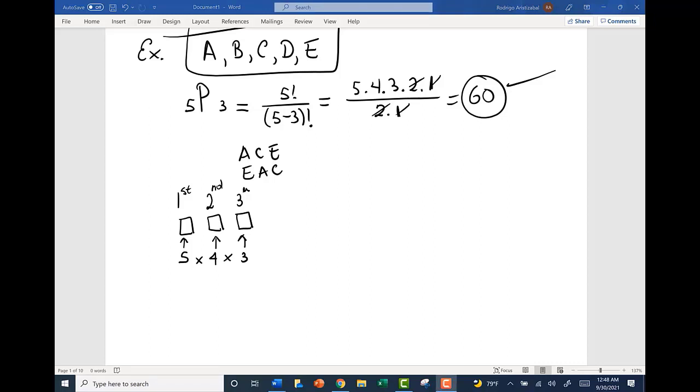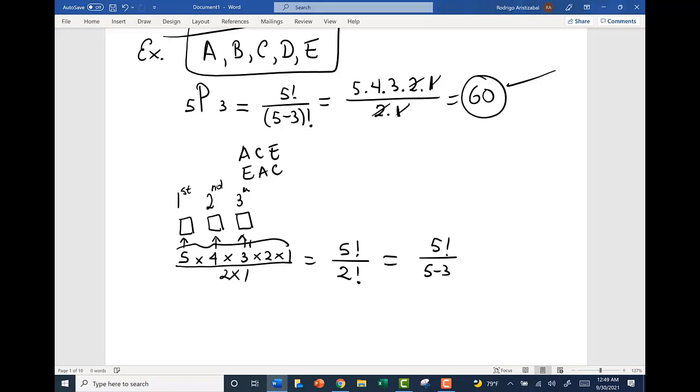If we want to use the factorial notation, we can observe that 5 times 4 times 3 can be completed to 5 factorial by multiplying by 2 times 1. If we don't want to affect the answer 60, we need to also divide by 2 times 1. Then in the numerator we have 5 factorial, and in the denominator we have 2 factorial, and the 2 was obtained from 5 items minus the 3 items that we selected.